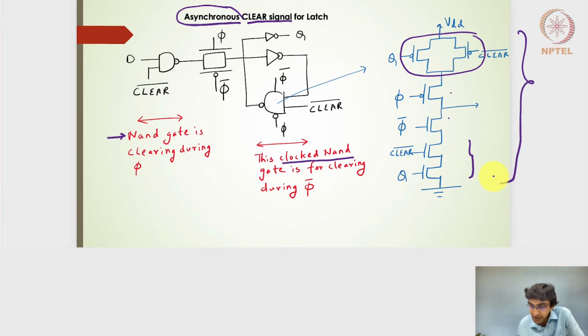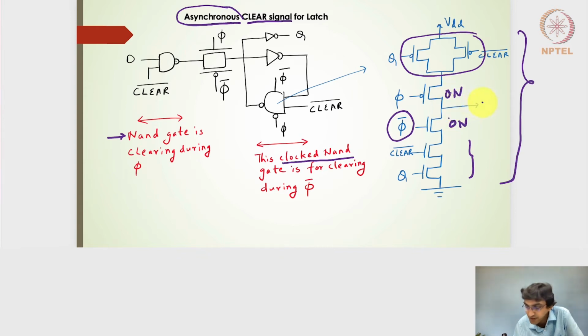What really happens is when the clock is low, both these NMOS transistors will be on, and the clock being low, clock bar will be high, so this PMOS will also be on. So both these transistors are on here.